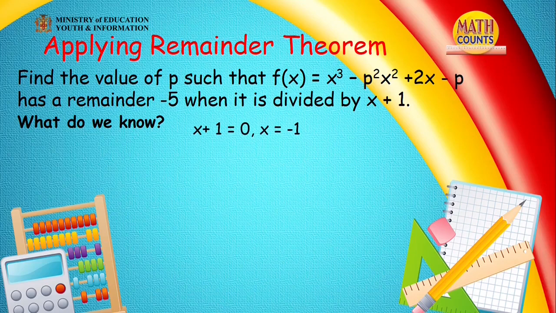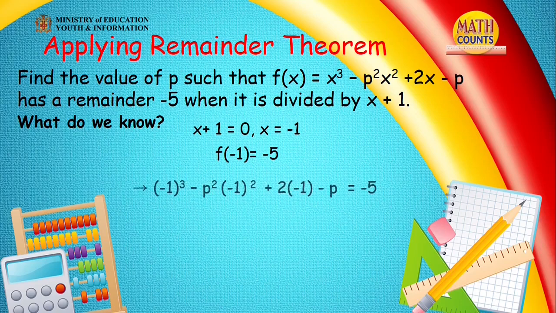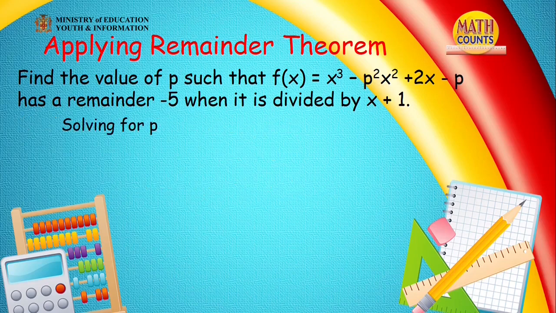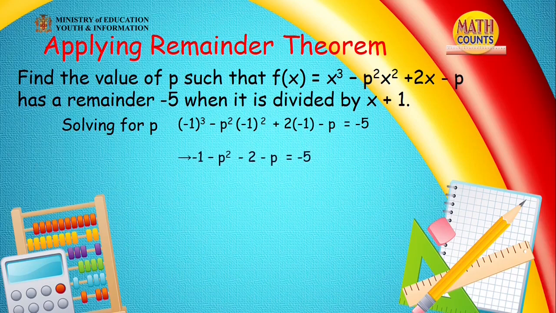Now when we input negative 1 into f of x, if remainder theorem holds true, we should get negative 5. That means we have enough information to create an equation. So when we input negative 1 into f of x, this is what we get. So solving for p, using the equation, let's expand our brackets or distribute.